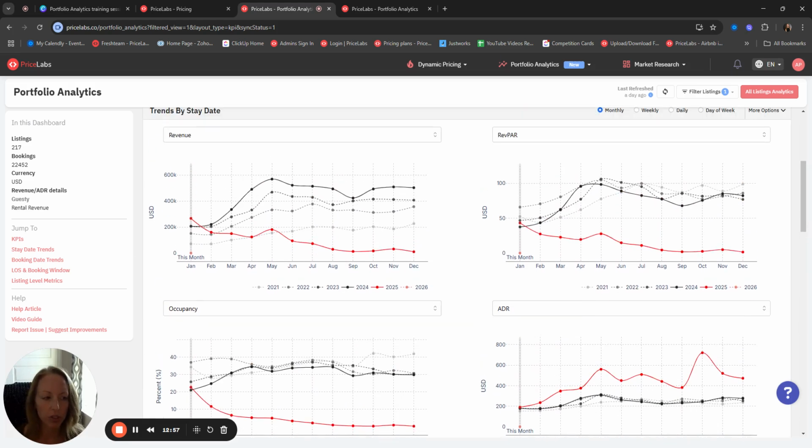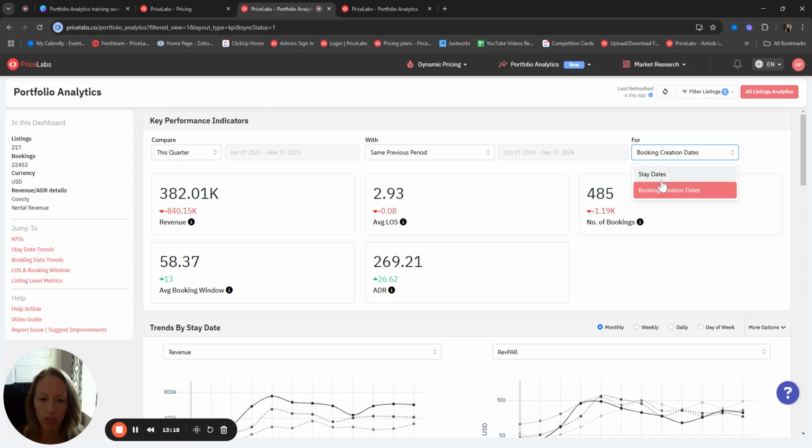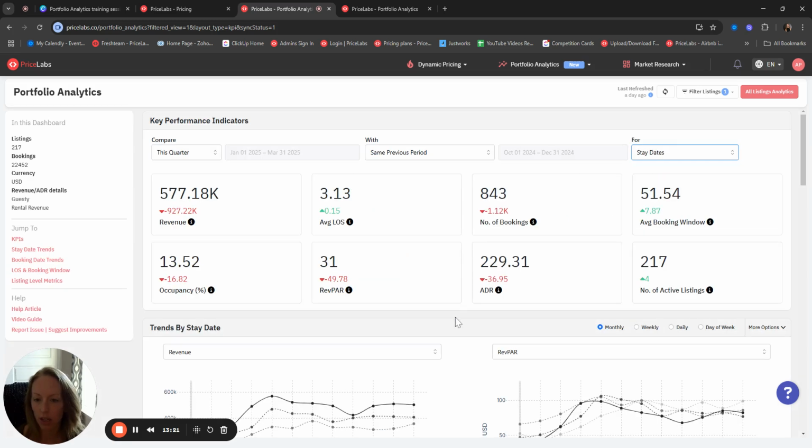So when it comes to trends by stay date, it's important to keep in mind that these are showing when people are going to be checking in, right? When they're going to physically be in the properties. And if you have somewhat of a small booking window, and let's just change this back to stay dates out of curiosity.